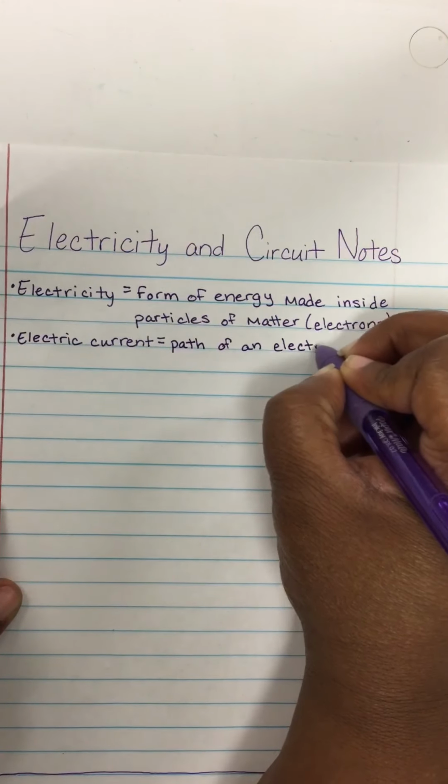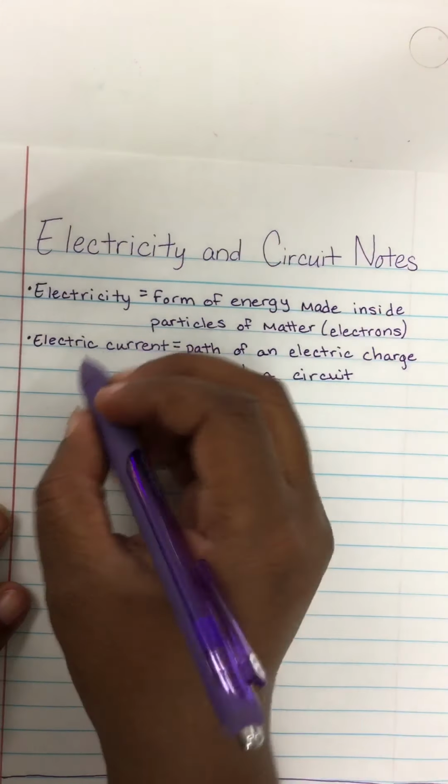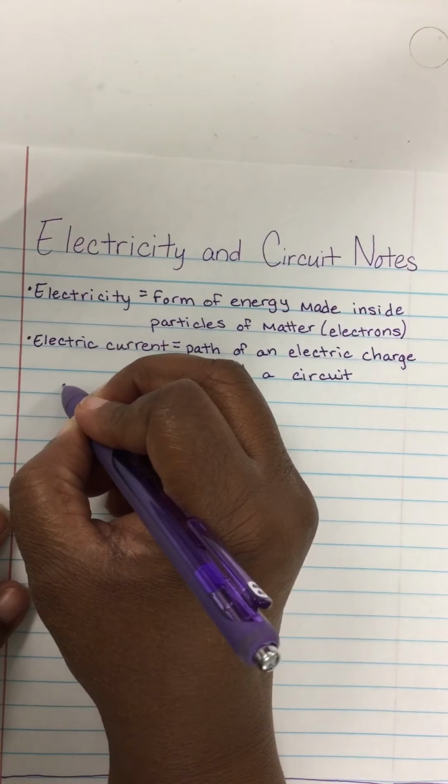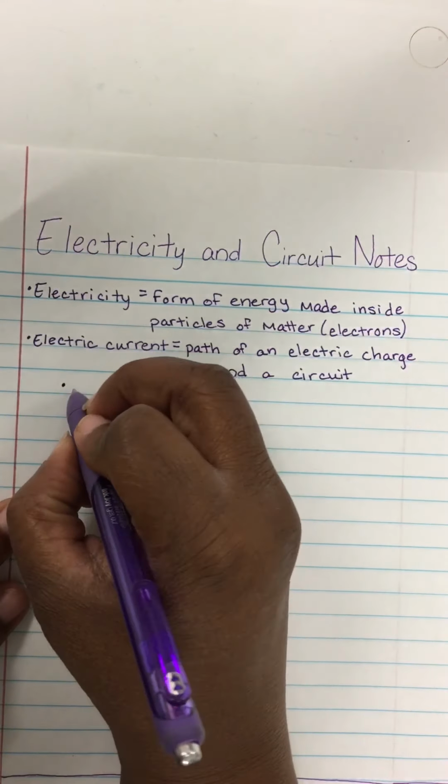And if you don't know what a circuit is, we'll talk more about it in a minute. So in a circuit, the electric current flows from the negative end of a battery to the positive end of a battery.